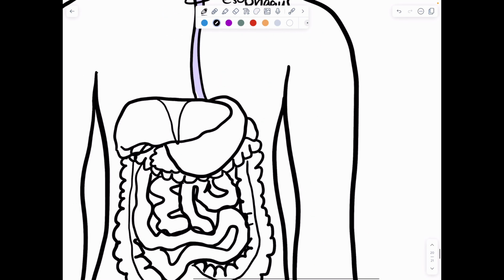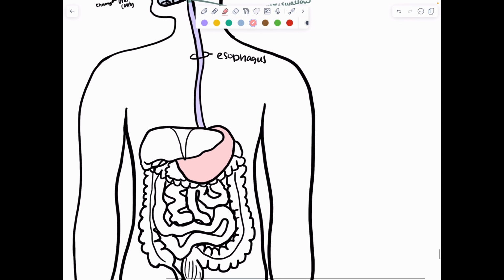And so our stomach is right behind the liver. It's on the left side, right here. So what I'm coloring in pink, this is our stomach. Now, if we dissected out the stomach, you'll see that in lab.